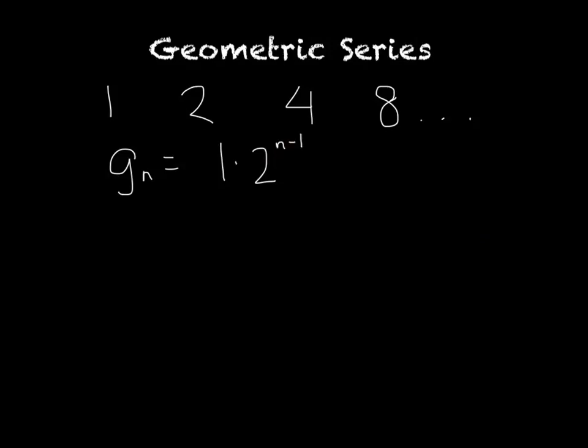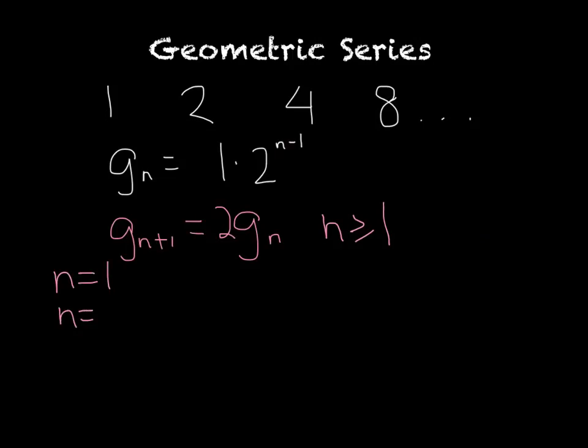And if we wanted to put it in terms of preceding terms, then we could say that g of n plus 1 is equal to the preceding term, g of n, times 2, for n greater than or equal to 1.